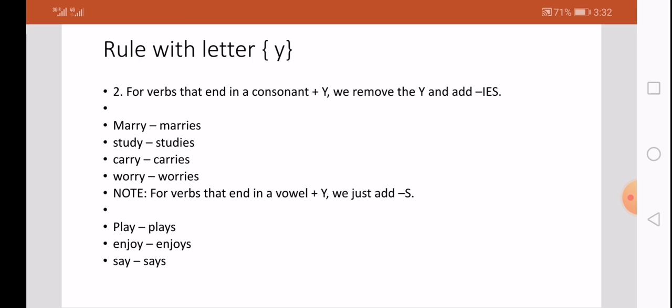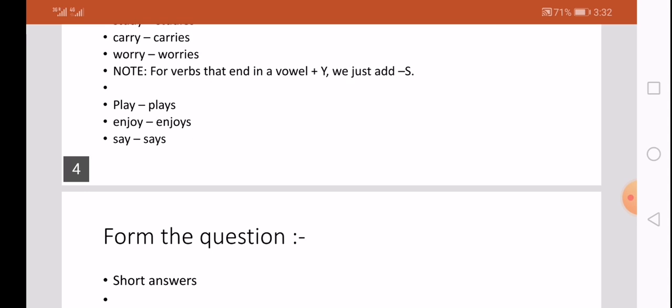A in the first verb, play, is a vowel letter. O in the second verb, enjoy, is a vowel letter, and so on. So there are five vowel letters in English: A, O, E, I, and U. So if the verb ends in Y, and before Y is one of these five vowel letters, we are not going to remove Y. We are just going to add S.